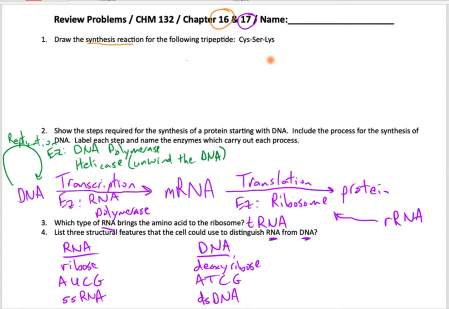Like for example, for this tripeptide, instead of writing out the 3-letter abbreviation, this tripeptide could have also been abbreviated using the single letters, which would be CSK. The L is, I think, given to leucine, and so lysine has K as abbreviation.